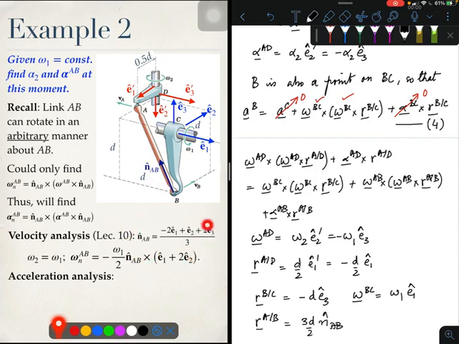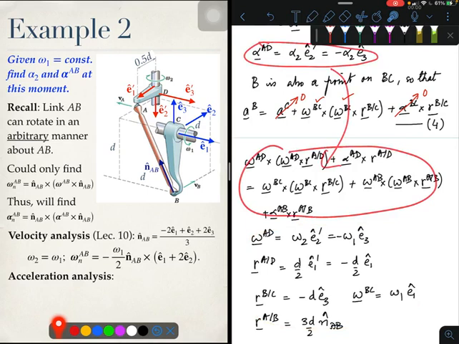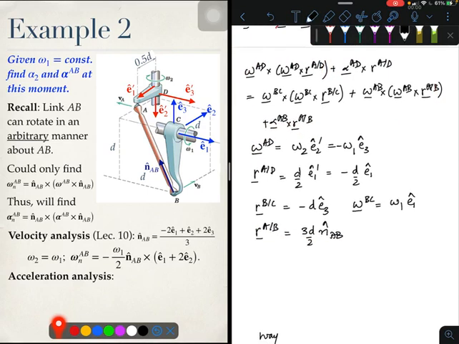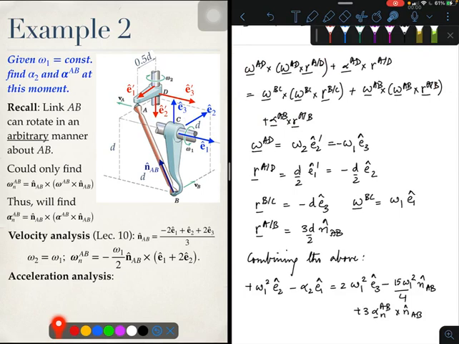NAB is given here on the left. So now I can take this information that I have obtained and put it all back in this equation. So I will finally obtain a simplified version of the equation. I get this equation for the unknowns alpha 2 and alpha n AB.